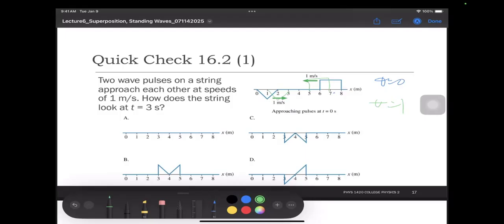And when t equals 2, it will look like this, and this is t equals 2. And t equals 3, which means this is t equals 3, and this is t equals 3. They will meet at t equals 3.